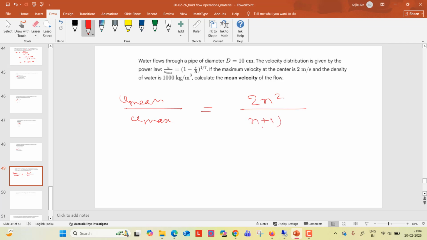From the turbulent boundary velocity distribution, you know that n is 7. It is given like this, 7.